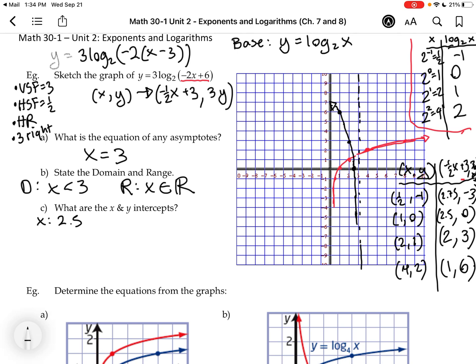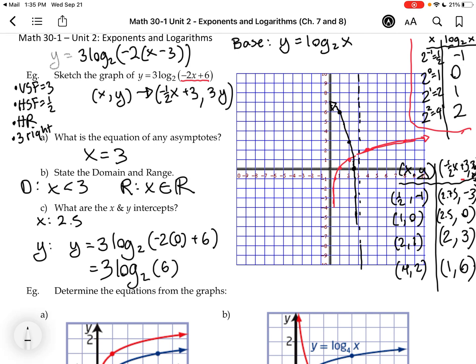So you can just plug x equals 0 into the function 3 log base 2 of, I'll just plug it in the original, negative 2 times 0 plus 6, right? So essentially it's going to be 3 log base 2 of 6. And that is approximately 7.75. Okay, I've done that on a calculator, so actually that's right there.